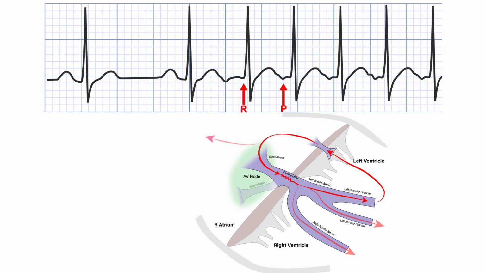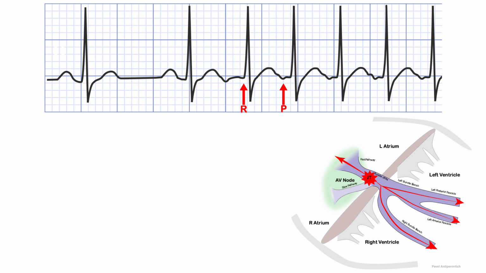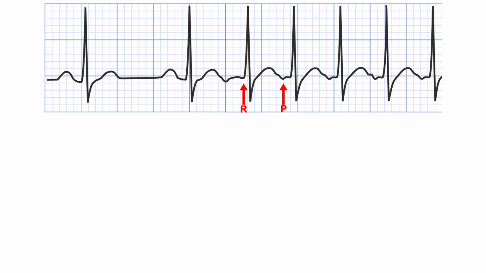So an AVRT with a decremental retrograde accessory pathway is a possibility. And finally, with JT, it is a possibility if the JT focus is very close to the atrial entry into the AV node, such that when it fires, it creates a retrograde P wave and then takes a while to create the QRS, which is why the QRS comes after. So JT is also a possibility here.